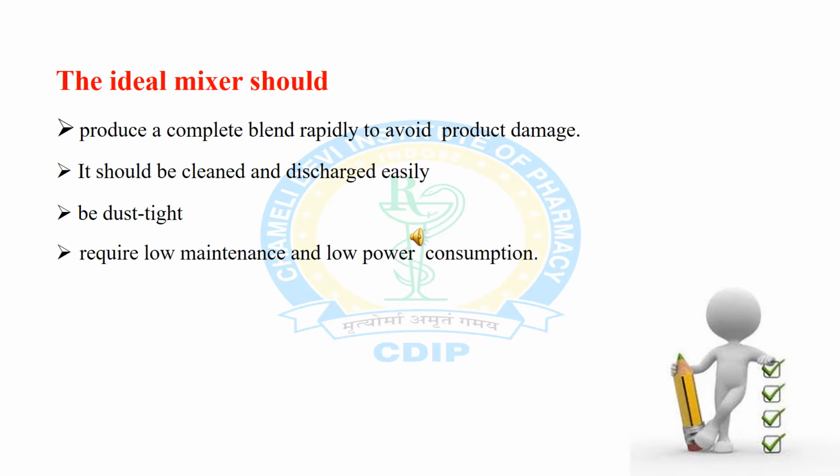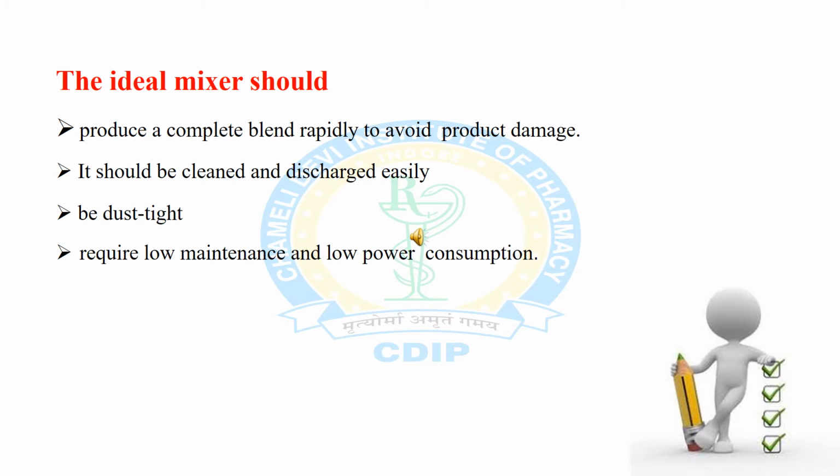A mixer should have some ideal properties. It should produce a complete blend of powder rapidly and avoid product damage.